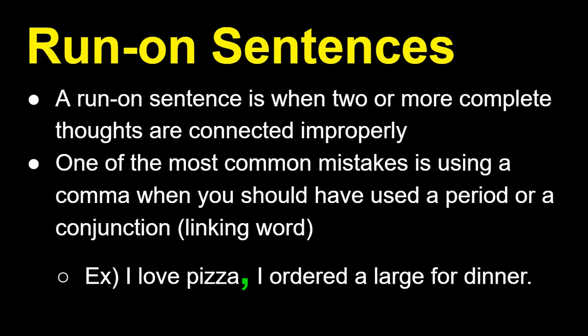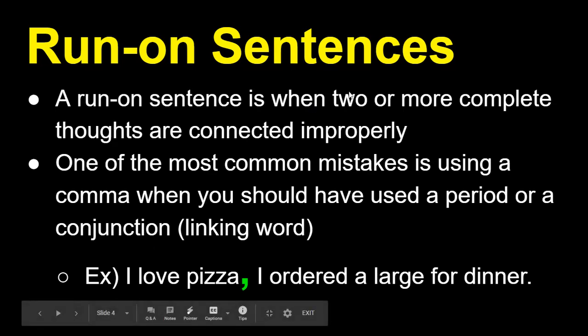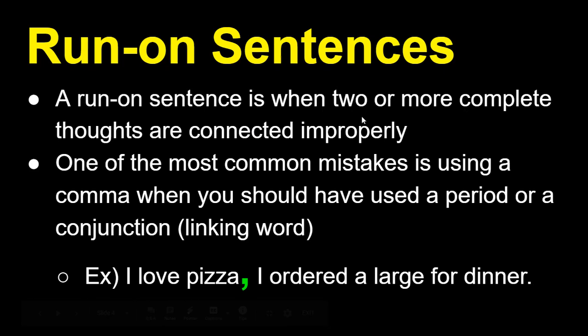And then we have what I see most from you guys, which is run-on sentences, which is where you start going and going and going with your thoughts, which is great. I love that you're getting them all out there, but you aren't connecting them or punctuating them properly. And it's usually this where it says right here, 2 or more complete thoughts. It's usually more for you because you have been taught how to combine 2 complete thoughts.